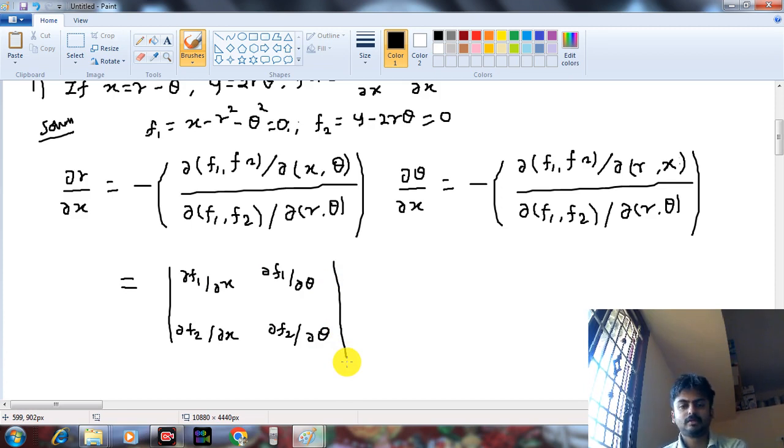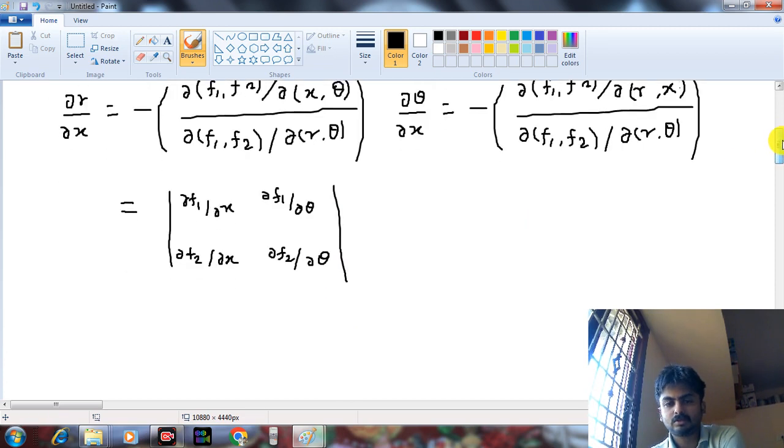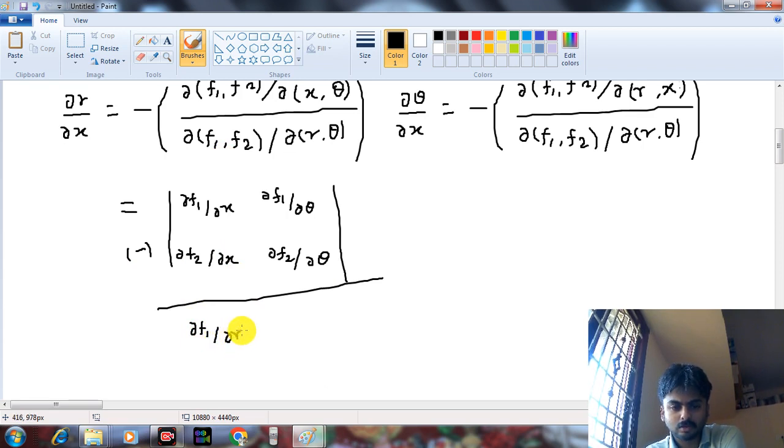Now we have to write the formula for the denominator also, divided by, so there will be a minus, minus of here ∂f1 by ∂r and ∂f1 by ∂theta, and here ∂f2 by ∂r, and here ∂f2 by ∂theta, okay.